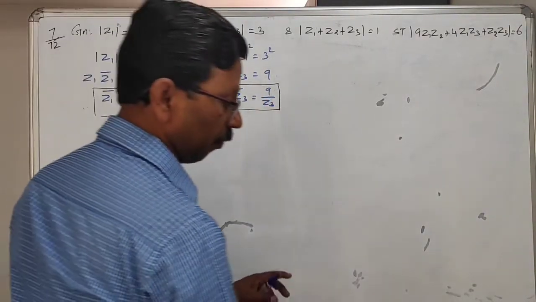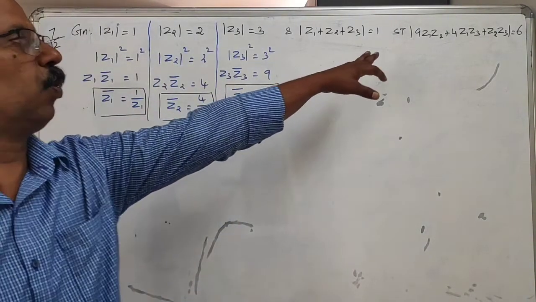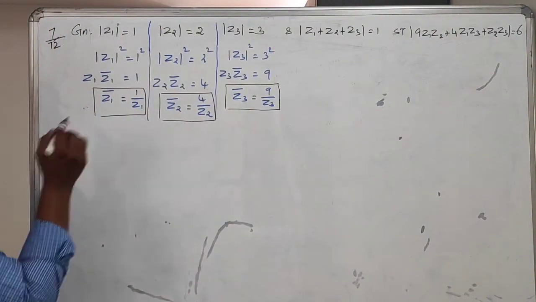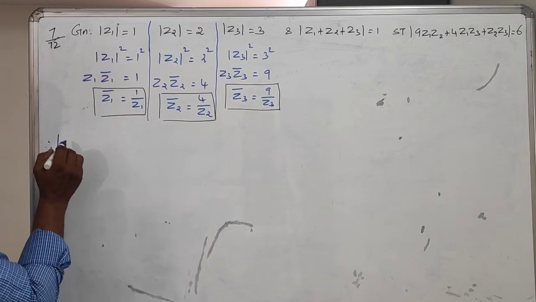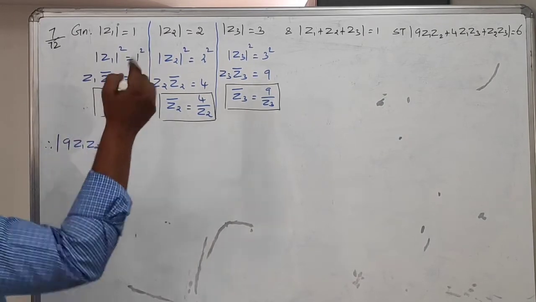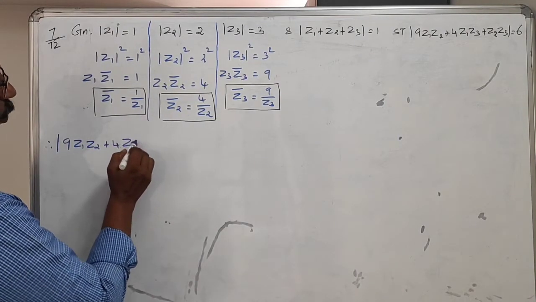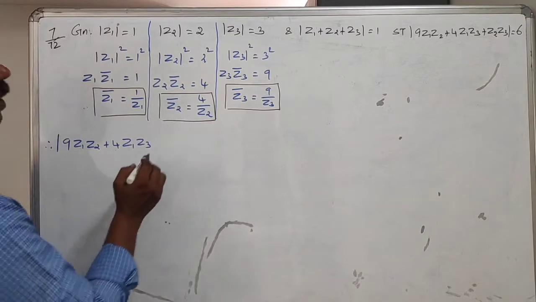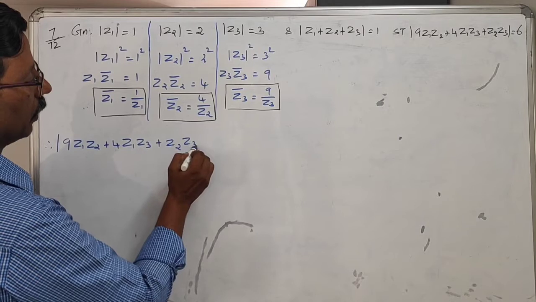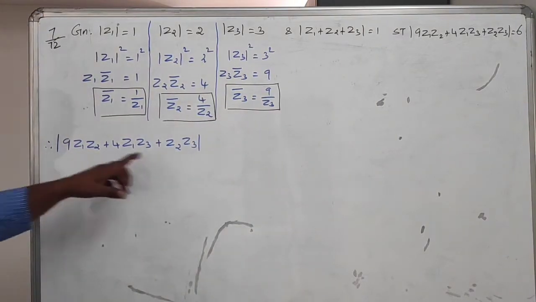These are very important. Okay, now after finding this one, let us prove this result is equal to 6. Therefore we can say modulus of 9 times Z1 Z2 plus 4 times Z1 Z3 plus Z2 Z3 is equal to, now we have to prove that this is equal to 6.